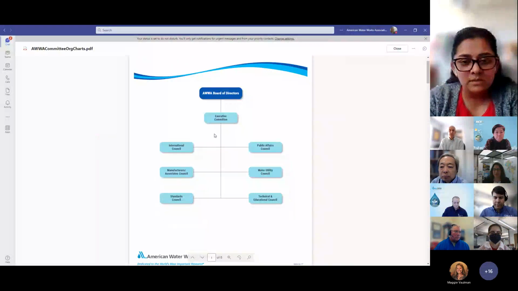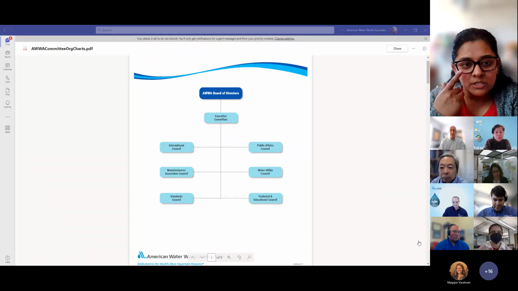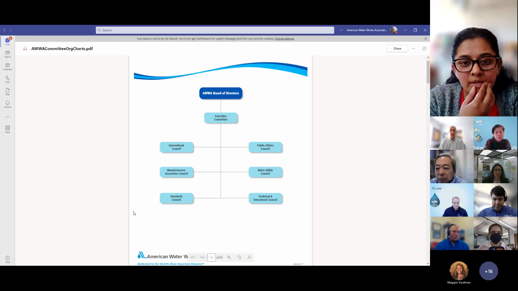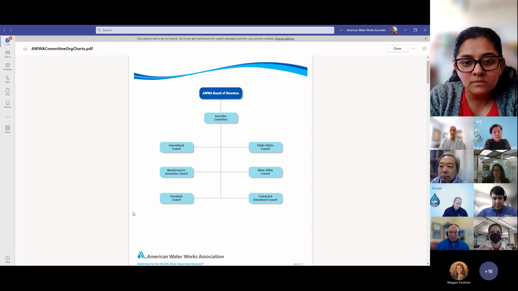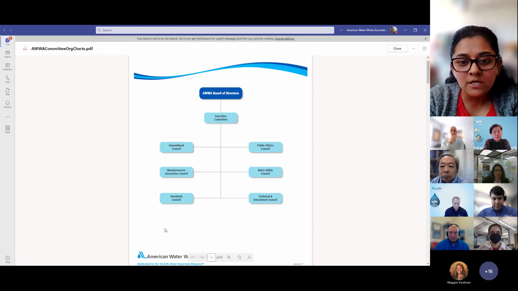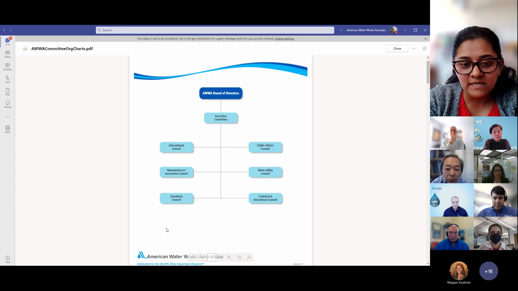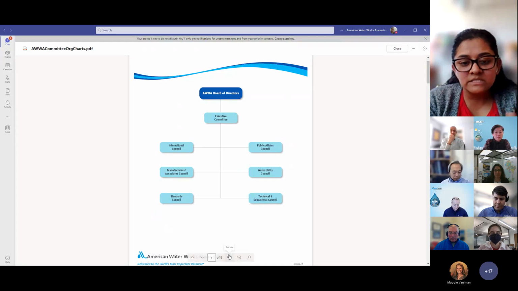Just so the students and YPs who are here get an idea of how all councils and committees are placed in the org chart. So we have the highest governing board, that is the board of directors, under which we have the executive committee sitting, under which we have these 6 councils.